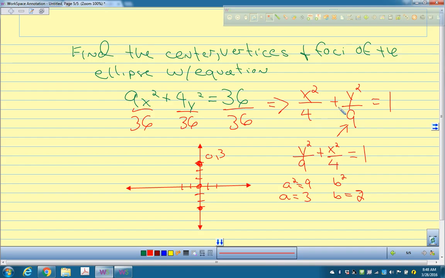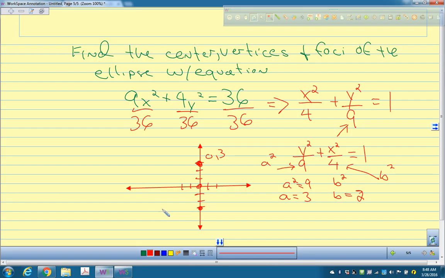But is it b squared under y squared? No, I flipped it around. This is a squared, and this is b squared, okay? A is always bigger than b, because that tells you which way it's going, all right?